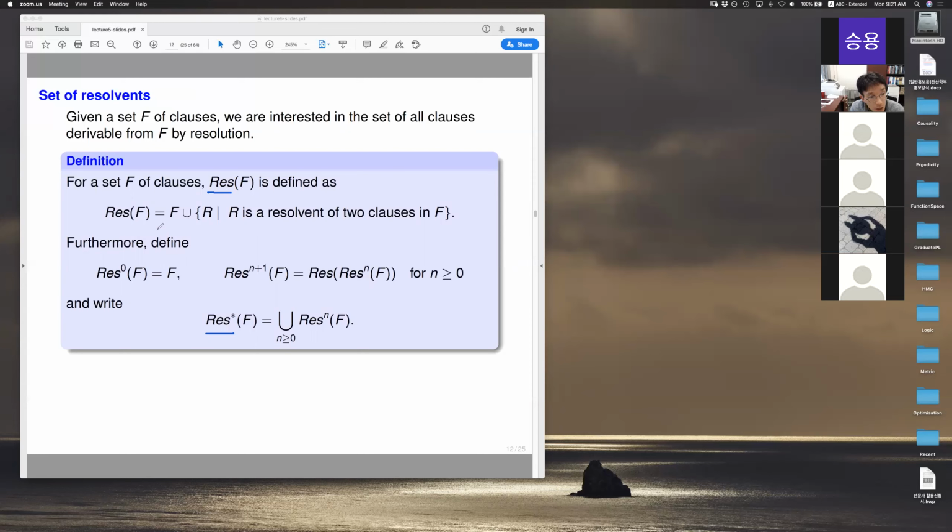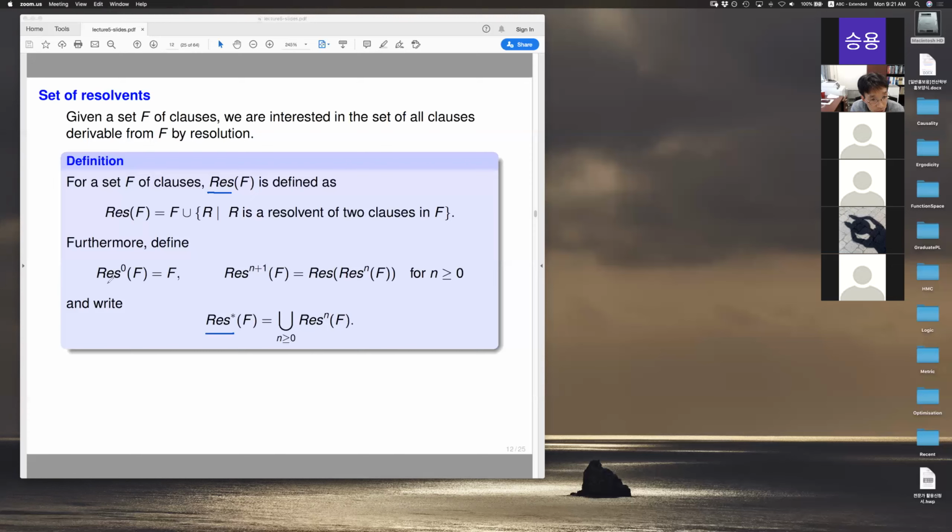You take F, and it increases F by considering all the resolvents that can come from F. So res of F is the same as F together with all the R, where R is just a resolvent of two clauses in F. In other words, from F we apply the proof rule of resolution either 0 times or once, and then we collect all the possible consequences that we can obtain there. Okay, so that's what res represents.